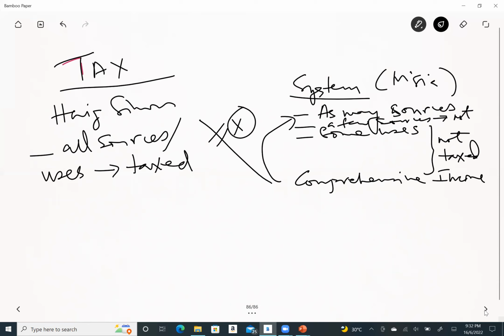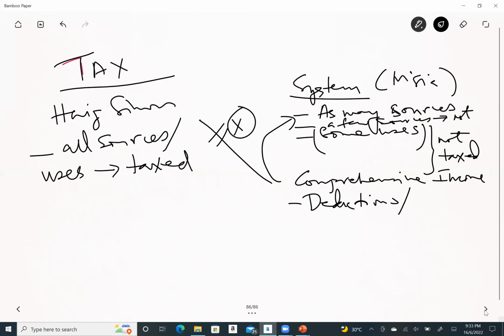Of course, the Hick-Simon is our guideline, but our comprehensive income may not be the same as the Hick-Simon income. When we come up with the comprehensive income, we then handle all those uses that should not be taxed. We call this deductions.